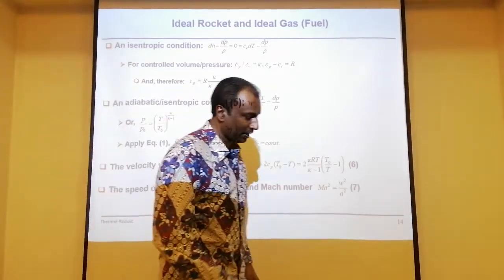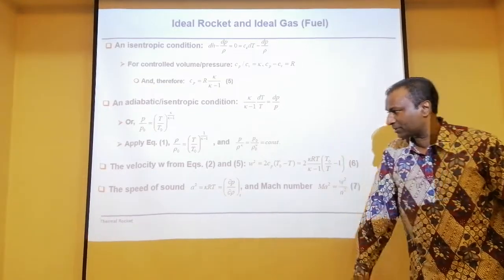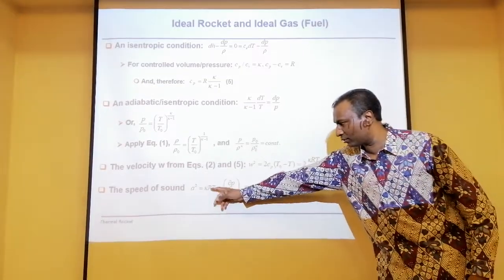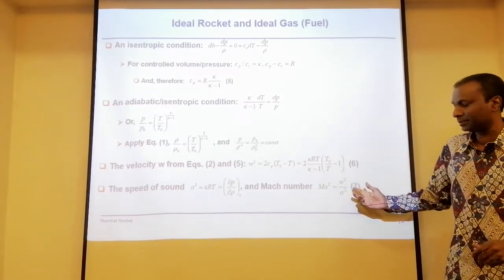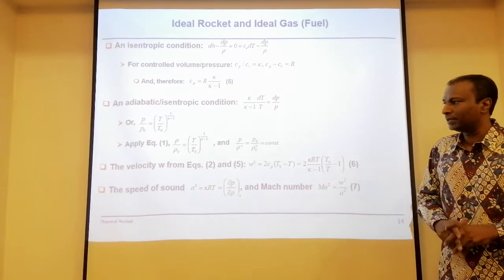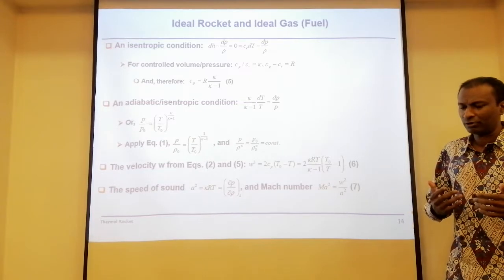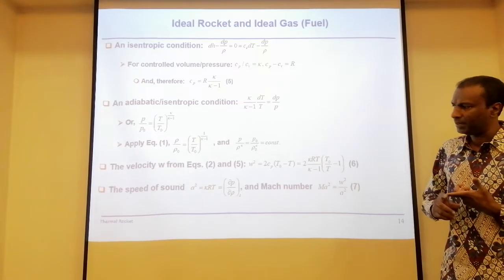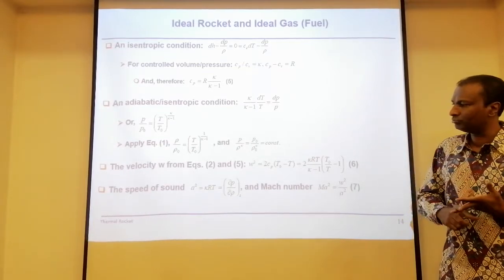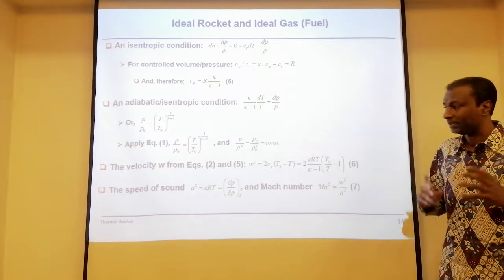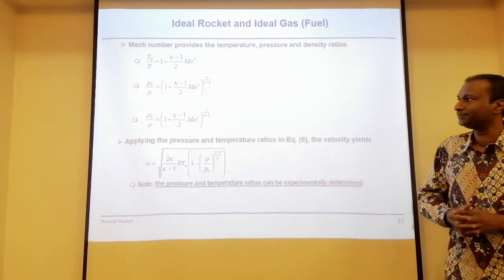Because I should be able to express all these equations in terms of Mach number as well. I coin the speed of sound A as the square root of kappa RT, and I can rewrite the Mach number in terms of W. Looking at this formulation, I'm looking at an option of obtaining the temperature ratio, also the pressure ratio, maybe the density ratio. Let's see what we can get out of all this formulation.